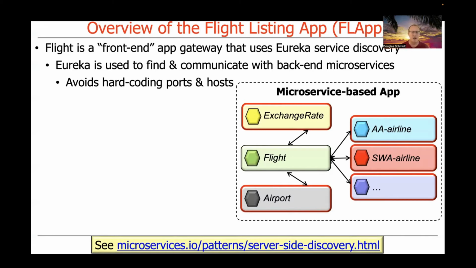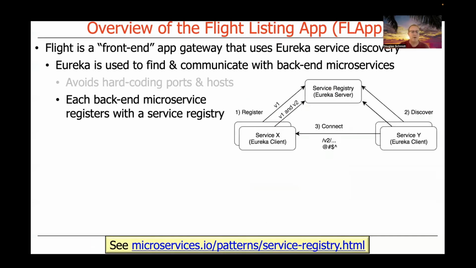So we don't have to know anything about the ports and the host names. We just have to know how to contact the flights app gateway. And then everything else is handled by what we refer to here as server-side discovery. So it's actually the server that discovers the microservices it needs to do its job.